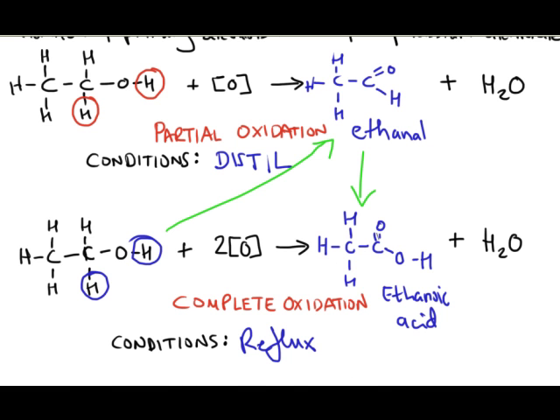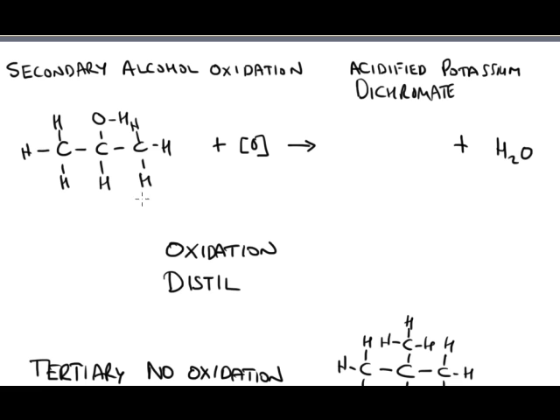And then look at secondary alcohol oxidation. Here's our secondary alcohol, so that is propan-2-ol. The oxygen here removes the H there and there, so we form a carbon-oxygen double bond in the middle, and that is a ketone.